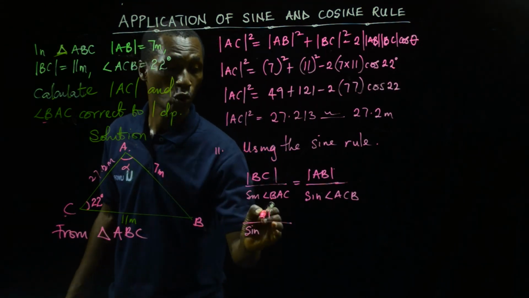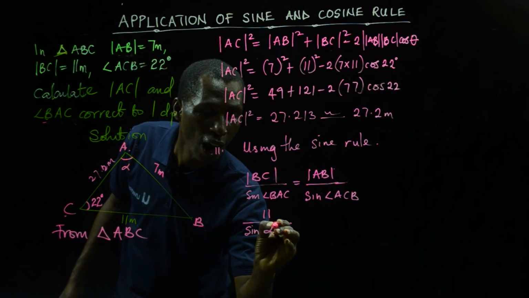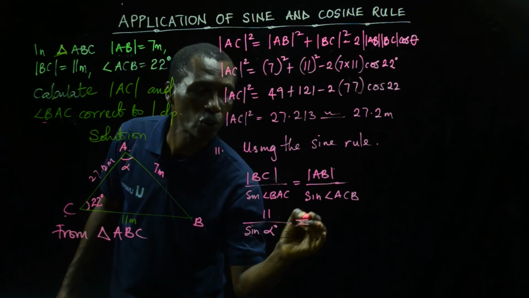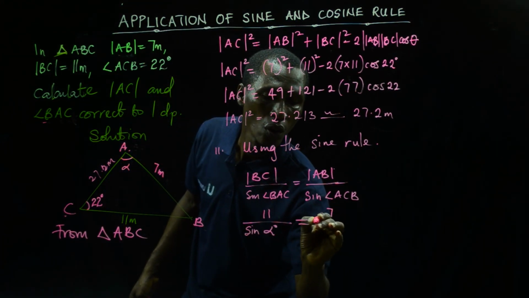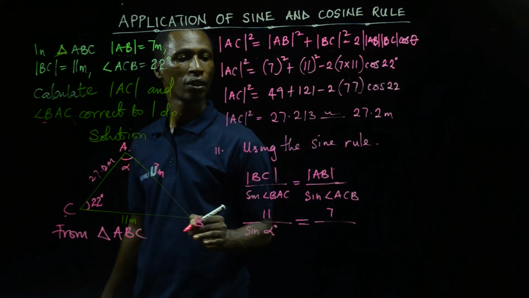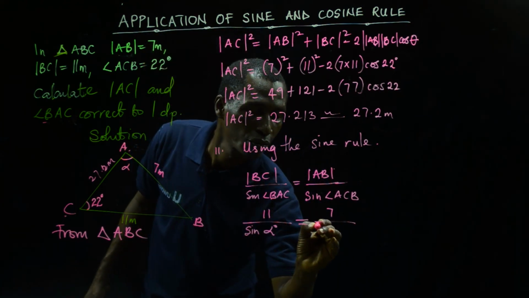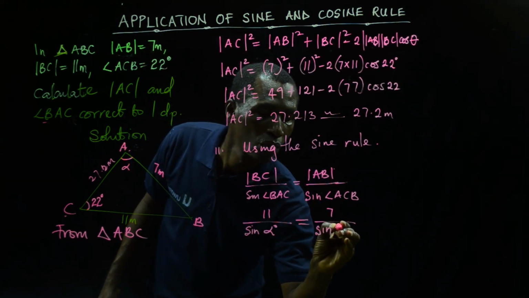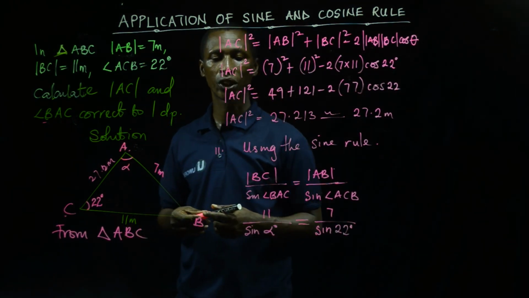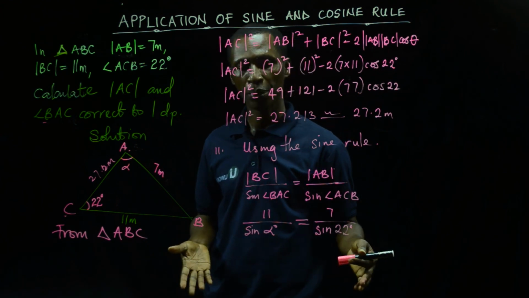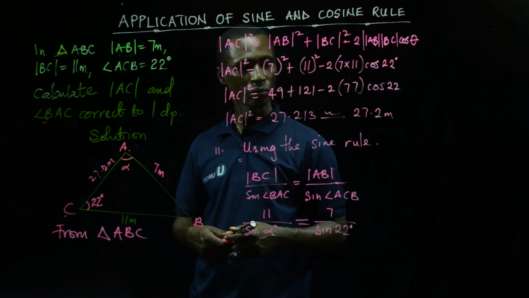The angle I don't know, so I'll put alpha here, alpha degrees, equals to AB is 7 on sine 22 degrees. What do I want? Application of cross multiplication.